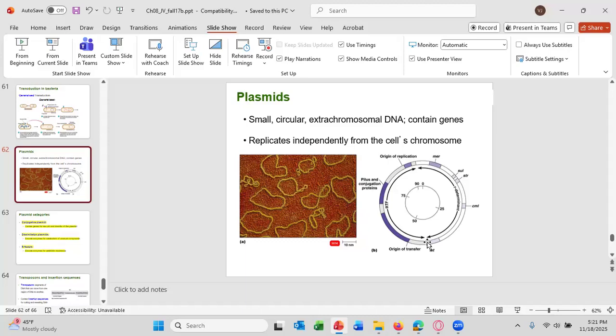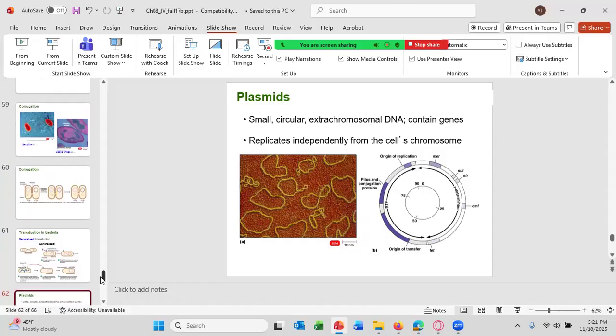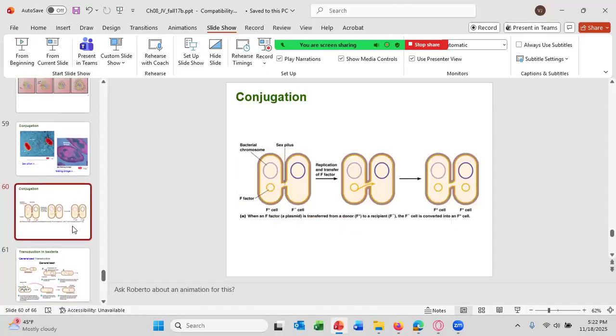And then the plasmid can replicate independently of the cell's chromosome. In fact, you've actually already seen that right here. The F plasmid replicated and then moved into the other cell independent of the chromosome replicating. Any question about any of that?